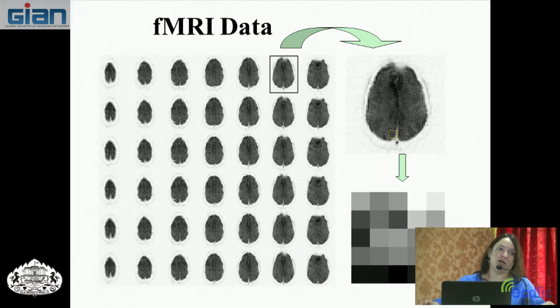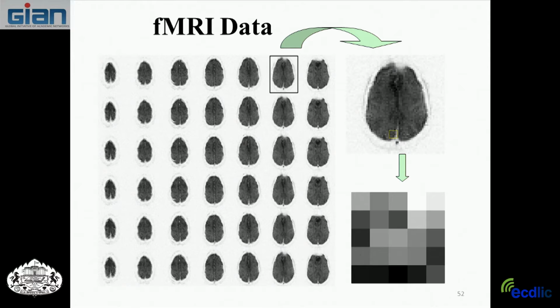So we need to collect the data very rapidly, and because of this, we're losing our nice spatial structure that we see in the tissue, and we're getting these chunky blocks of intensity, and these little blocks are called voxels. So they're a three-dimensional pixel, a volume element, or a voxel.